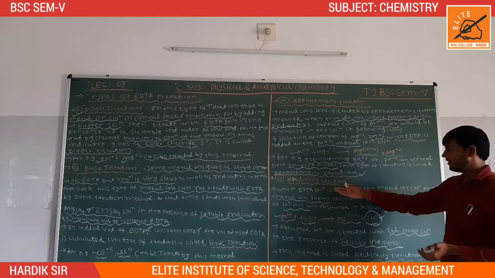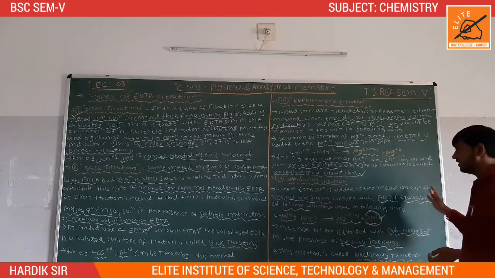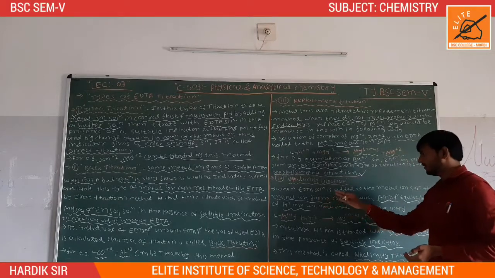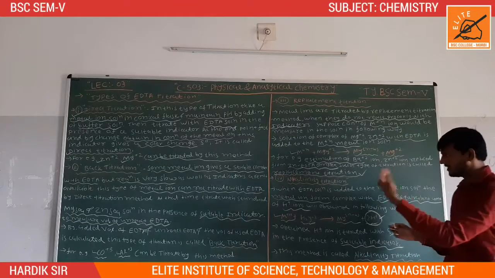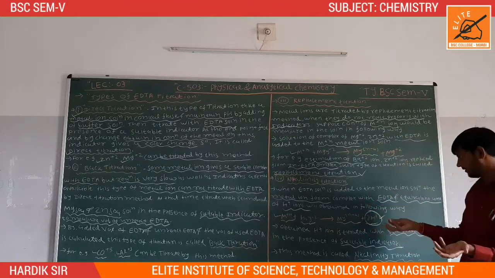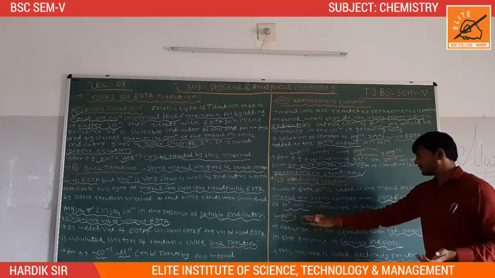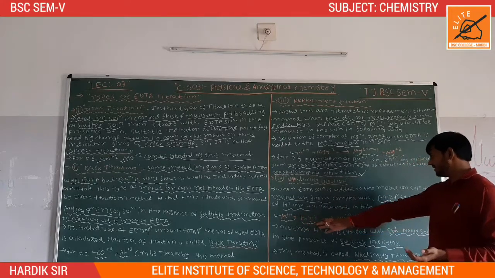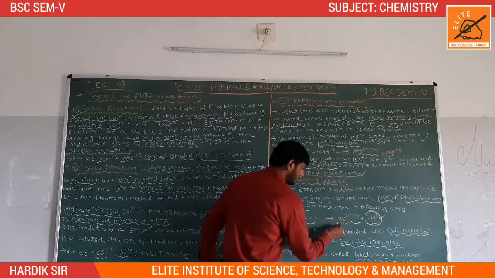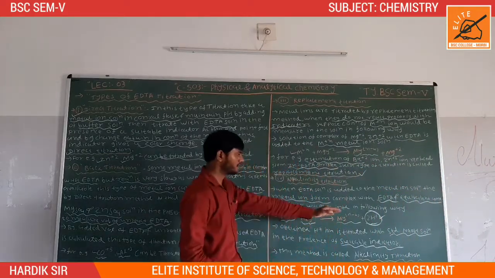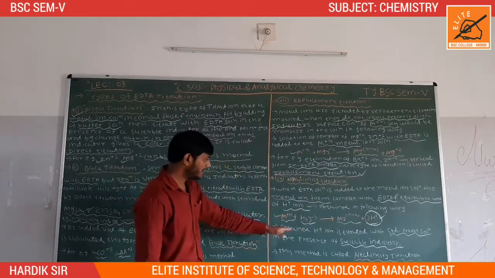First of all, we take the EDTA solution and add it to the metal ion indicator solution. The metal ion forms the complex with the EDTA, and an equivalent amount of H plus ion is obtained from the reaction. M plus n, the metal ion, reacts with the EDTA solution and forms the metal complex, producing an equivalent amount of H plus ion.